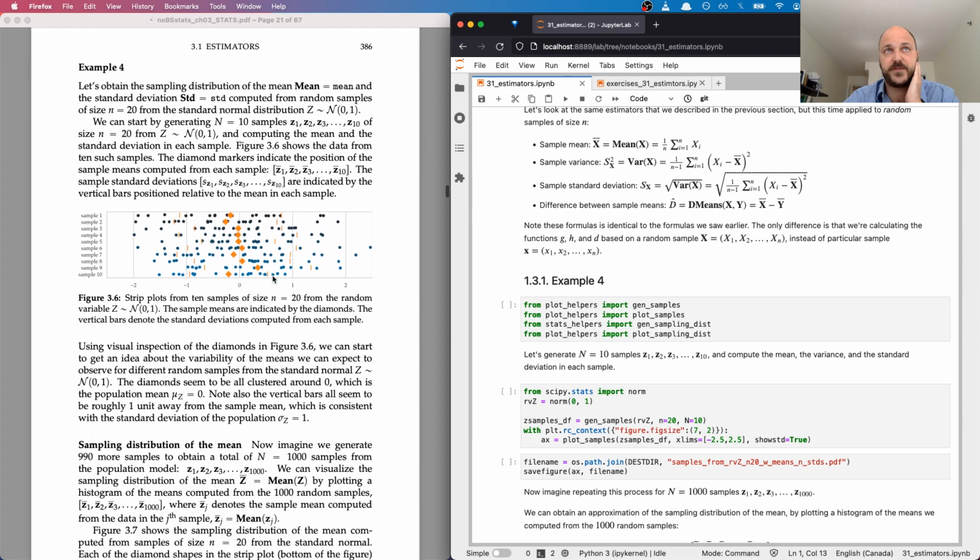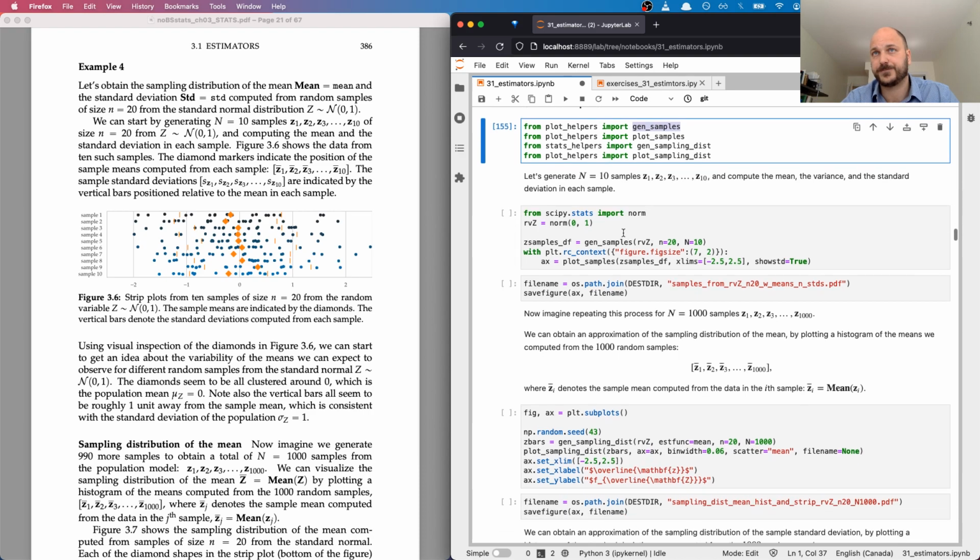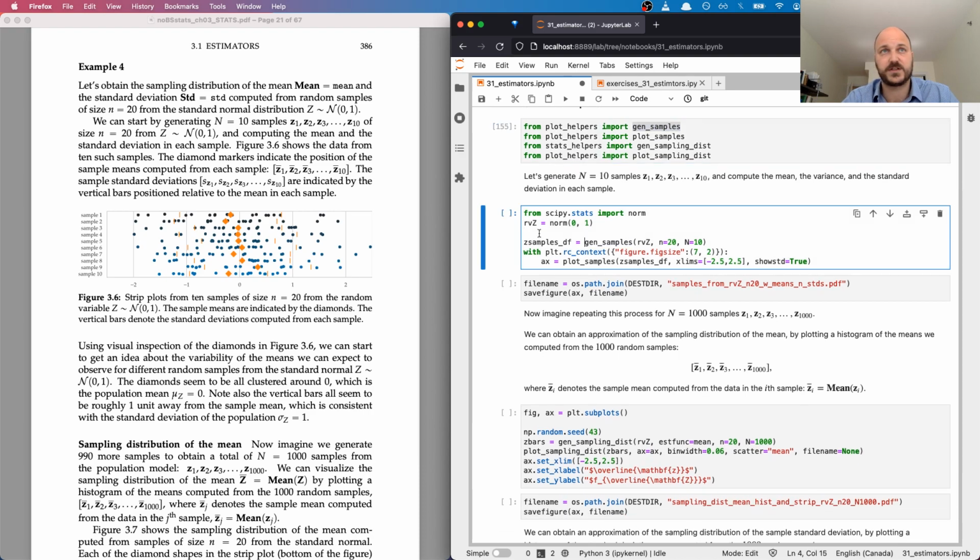Okay, let's look at some graphs. I'm going to run this. So these are a bunch of functions that we'll learn about later on. We'll show what's going on here. But essentially, here is the sample. We choose the population, so we need a model for the population.